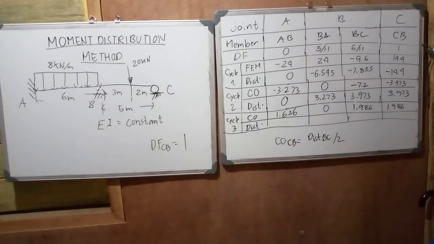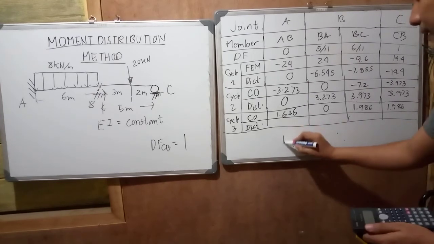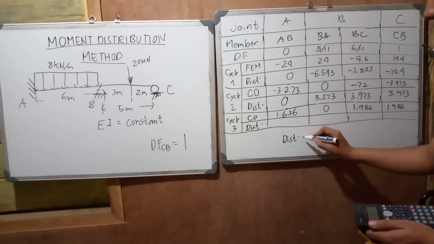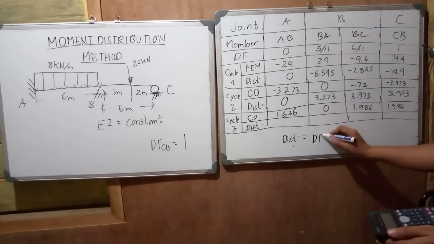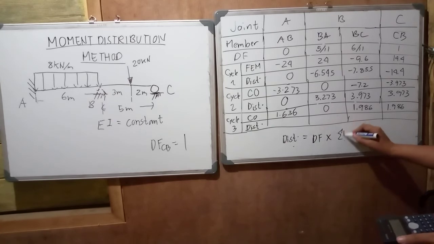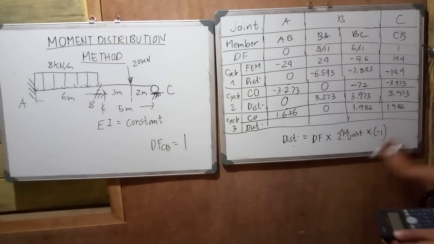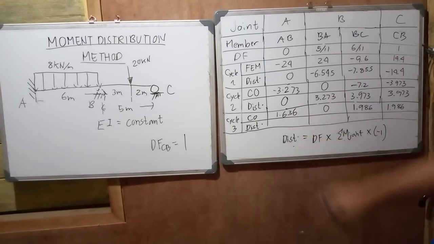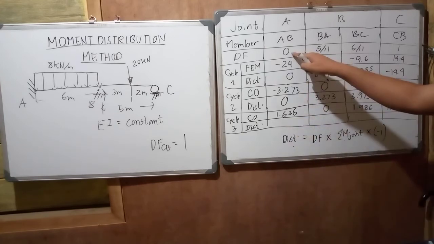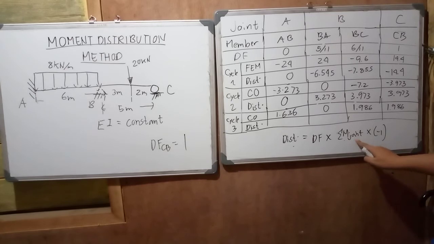So then again, balik tayo sa pag-compute ni distribution. So we all know that this again is equivalent to distribution factor times summation of moment at joint times negative 1. Okay? So yung DF natin dito kay AB is equivalent kay 0 times 1.636 summation moment at joint.